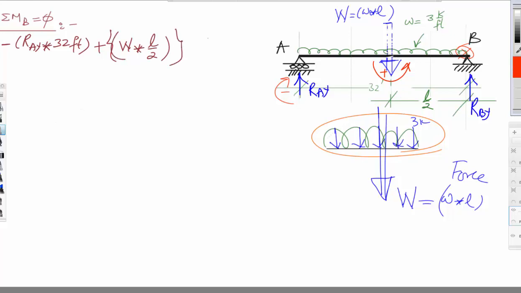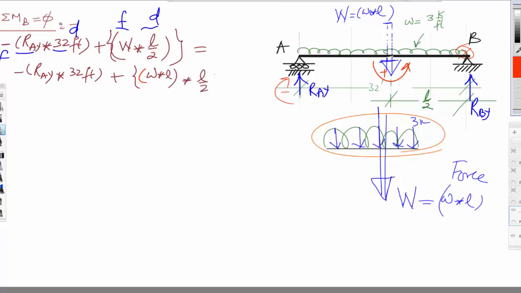So let me just translate this because we need to. So this is minus again RAY multiplied by 32 feet plus. Now this part is the force part, and this part is the distance. Like this one, this is the force and this is the distance. So the force part will be omega multiplied by L divided by 2.